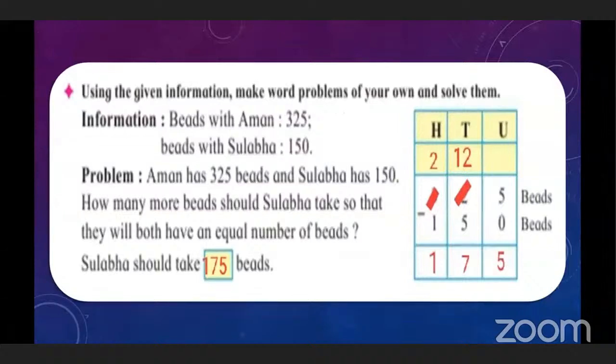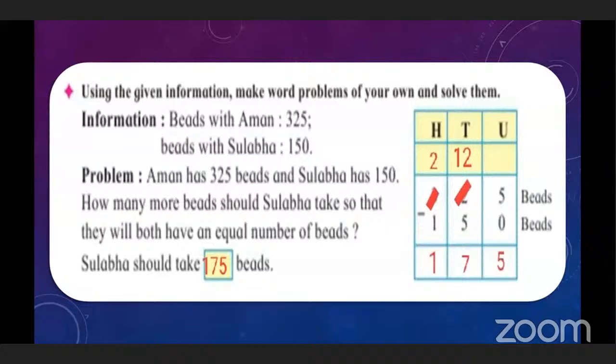We can frame this kind of problem: Aman has 325 bits and Sulbha has 150. How many more bits should Sulbha take so that they both have an equal number of bits? So we made three lines like this.